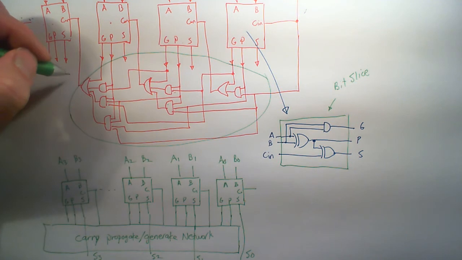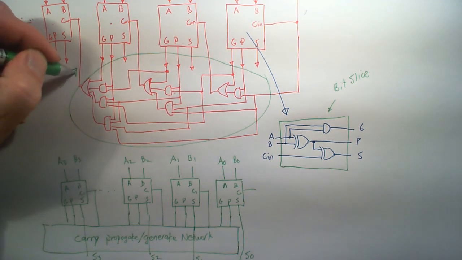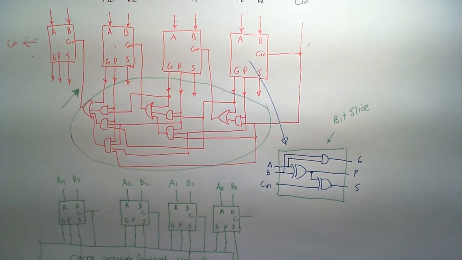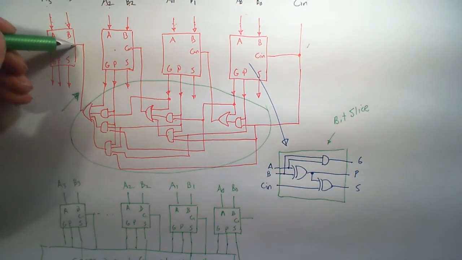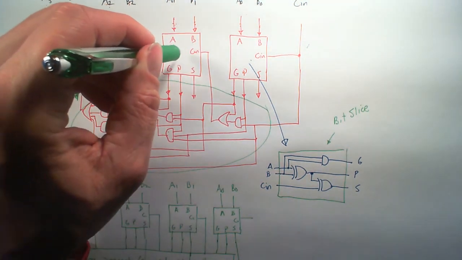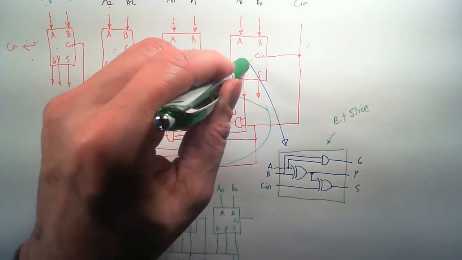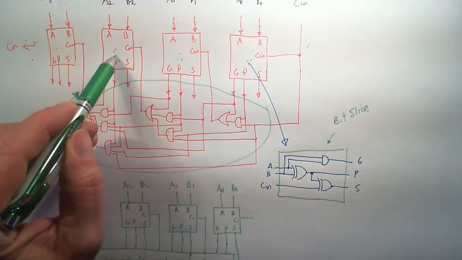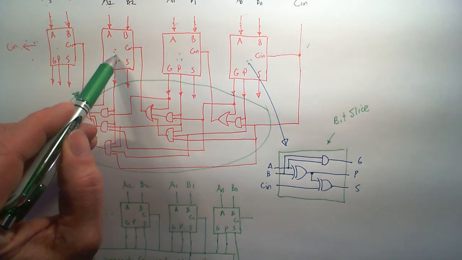So note this signal here, the carry in to the third bit slice. If this were a ripple carry adder, then to generate the carry in to that bit slice, I would have had to have propagated through this and this and this bit slice, each one taking about a nanosecond, each one having 3 gates I'd have to move the signals through, so 9 gates total.